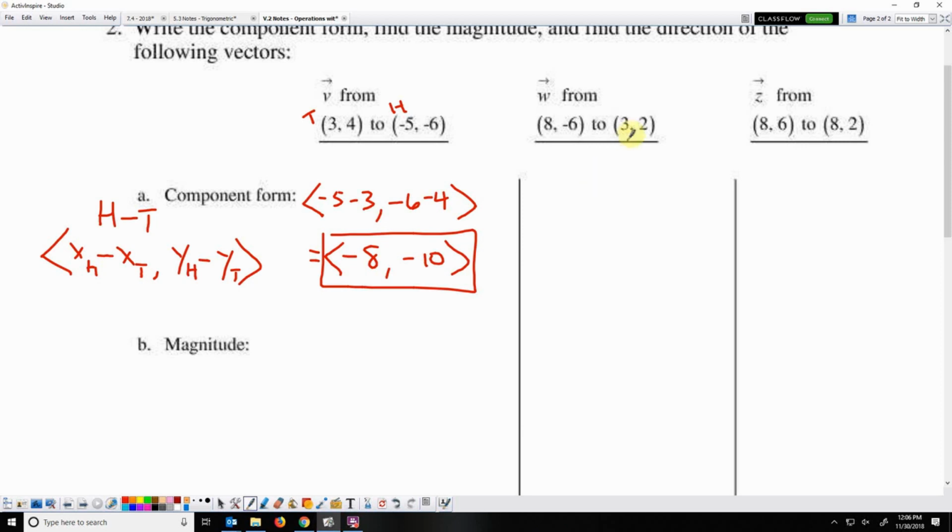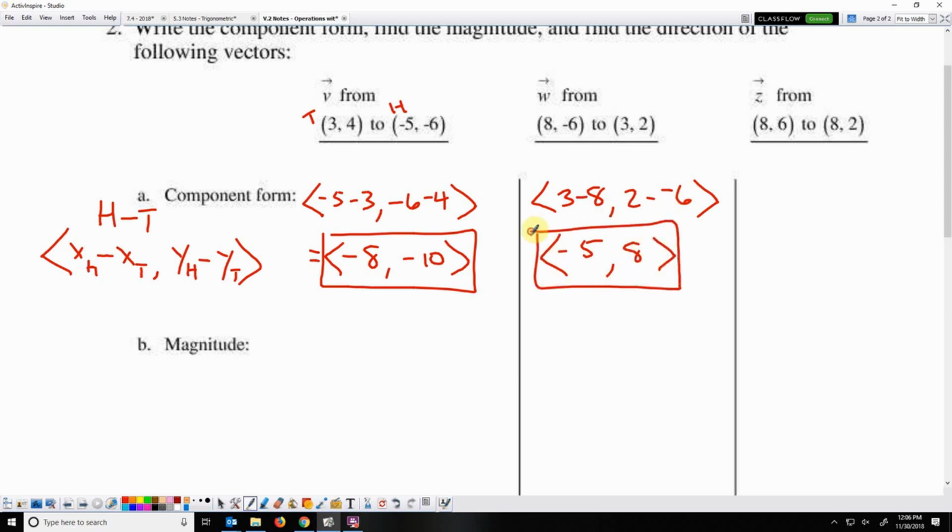Move on to the next vector, head minus tail, x components 3 minus 8, y components 2 minus -6. 3 minus 8 is -5. 2 minus -6 is 8. And our last one into component form, x minus x is 8 minus 8.